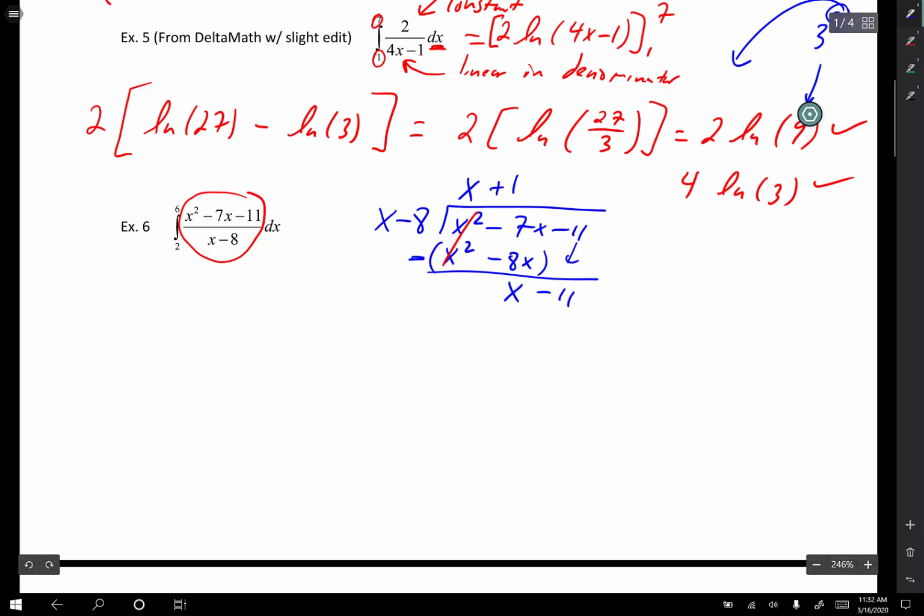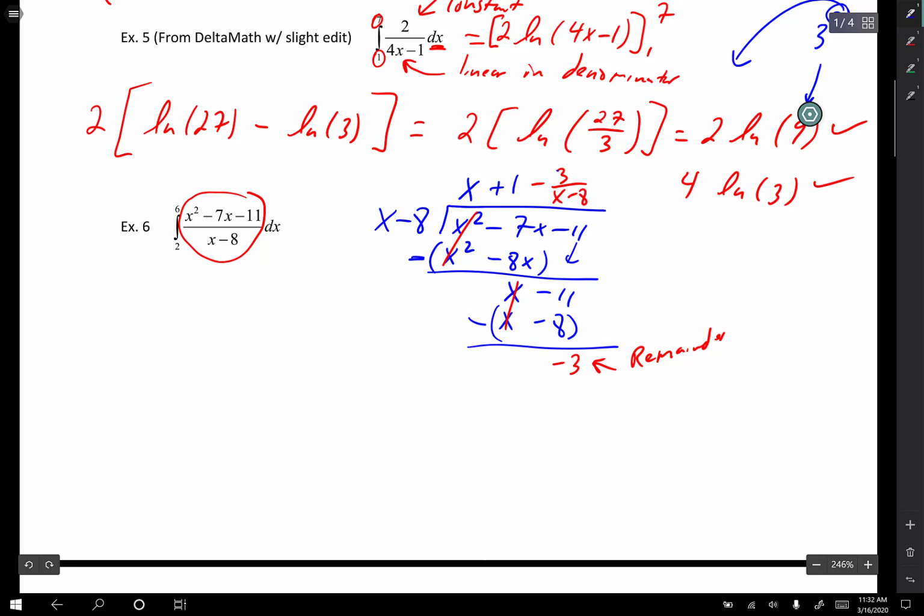So I put a 1 and I put x. And then x times negative 8 is negative 8. And again, I'm going to subtract. So these cancel out, and then negative 11 plus 8 is a negative 3. That's my remainder. So I'm going to write minus 3 over x minus 8.